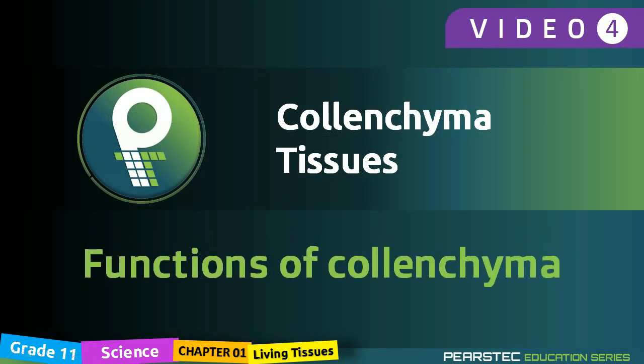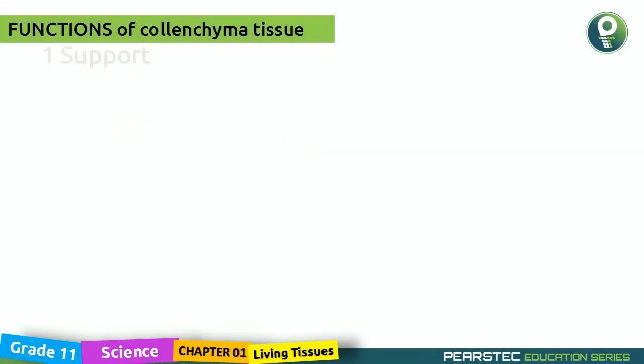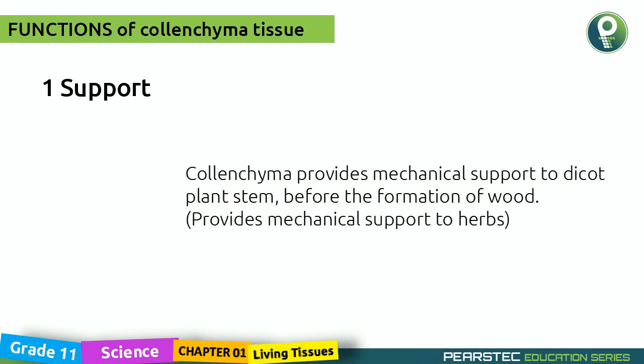Finally, the functions of collenchyma. What does collenchyma tissue have to do with plants? It's support. That is right, it is supporting. Collenchyma provides mechanical support to dicot plant stems before the formation of wood. It provides mechanical support to herbs.